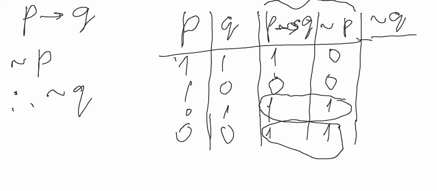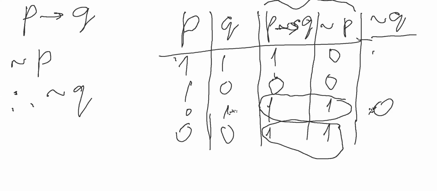We don't need to find the value of not Q in the first two rows because it does not matter for deciding whether the argument is valid or invalid. What matters are the critical rows, when both premises are true. What do we have here for not Q? 0, since Q is 1 here, so not Q is 0.